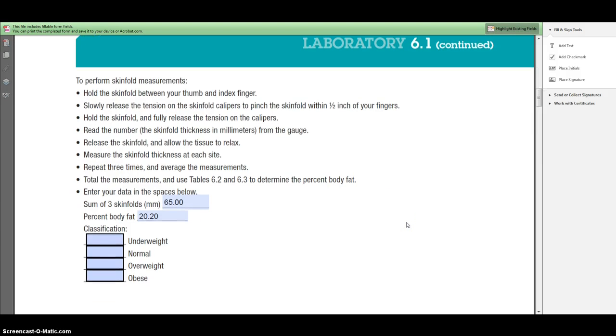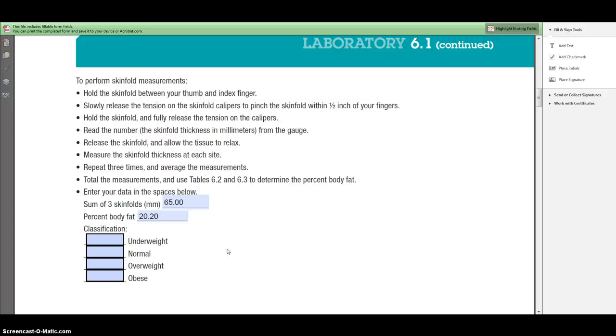So now I need to classify and figure out what is that considered: underweight, normal weight, or overweight. This is where you're going to need your textbook or access to a textbook. And if you have the 6th edition, what you'll want to do is turn to page 146, and it's figure 6.2.